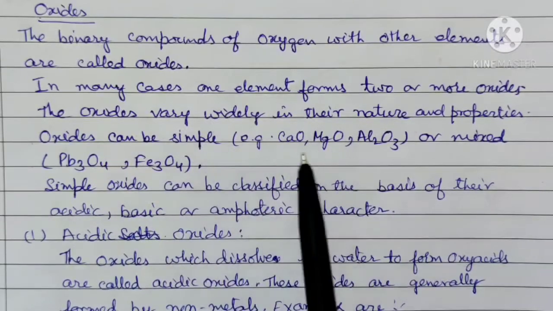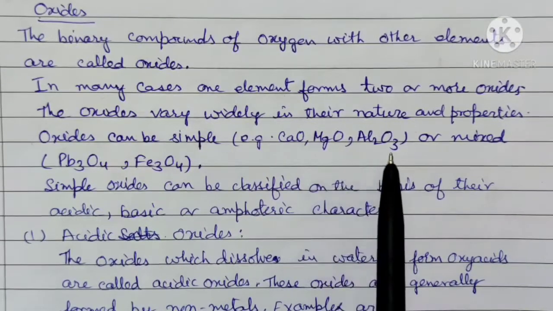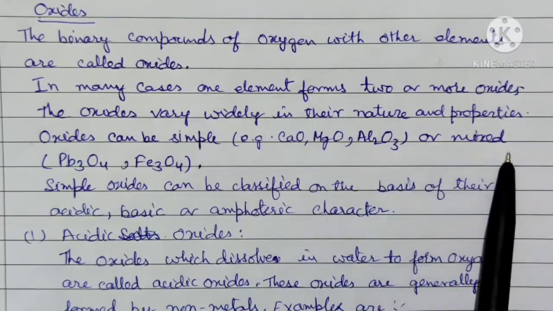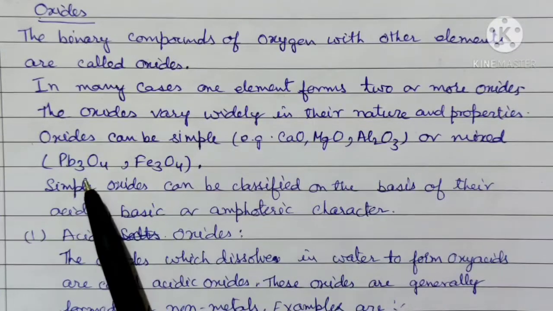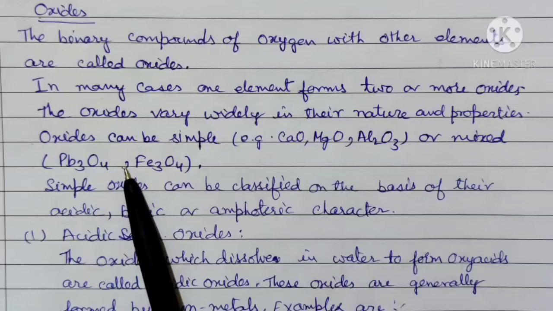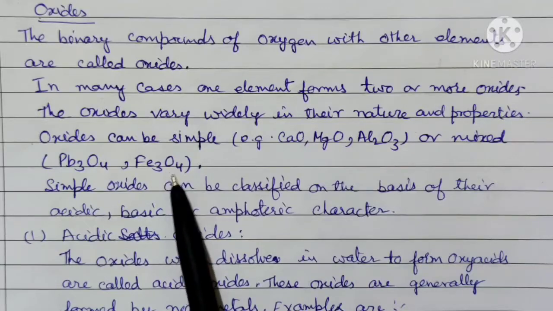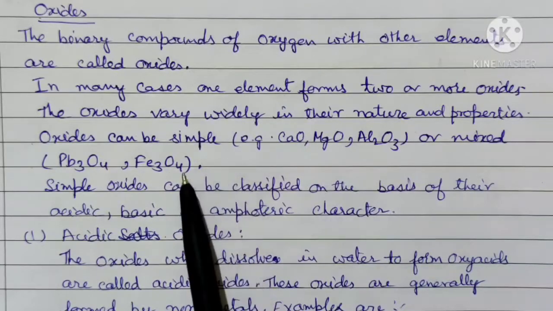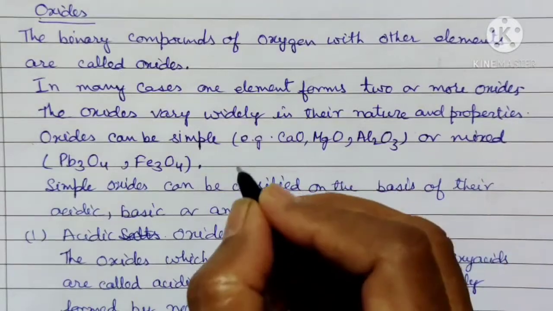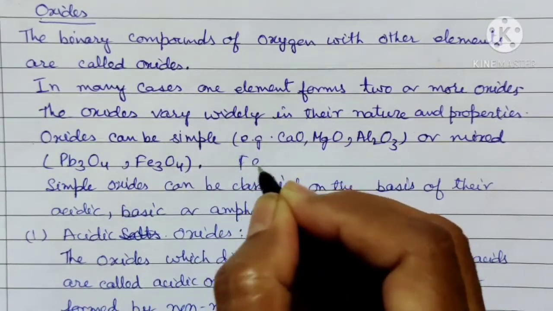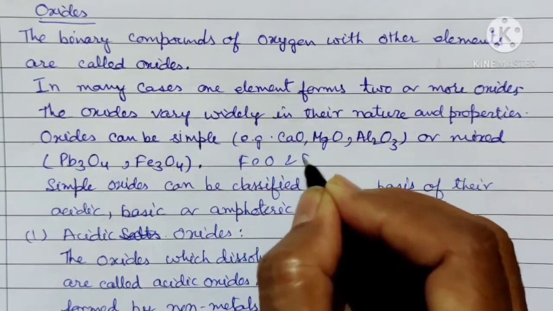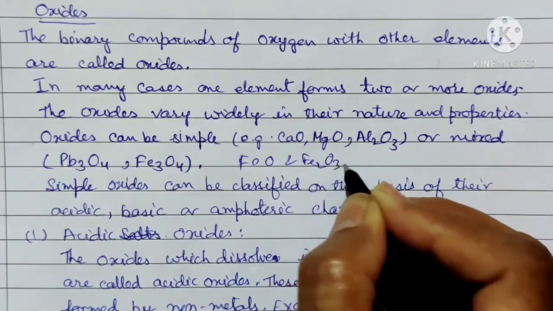Oxides can be simple, for example calcium, magnesium or aluminum oxide, or mixed oxides, that is Pb3O4 and Fe3O4. Fe3O4 is a mixture of ferrous oxide and ferric oxide, that is the combination of FeO and Fe2O3.